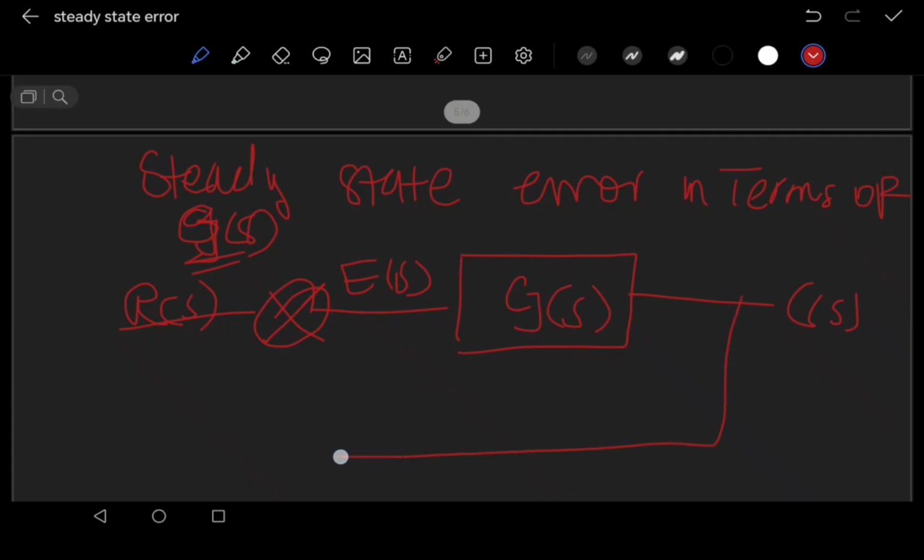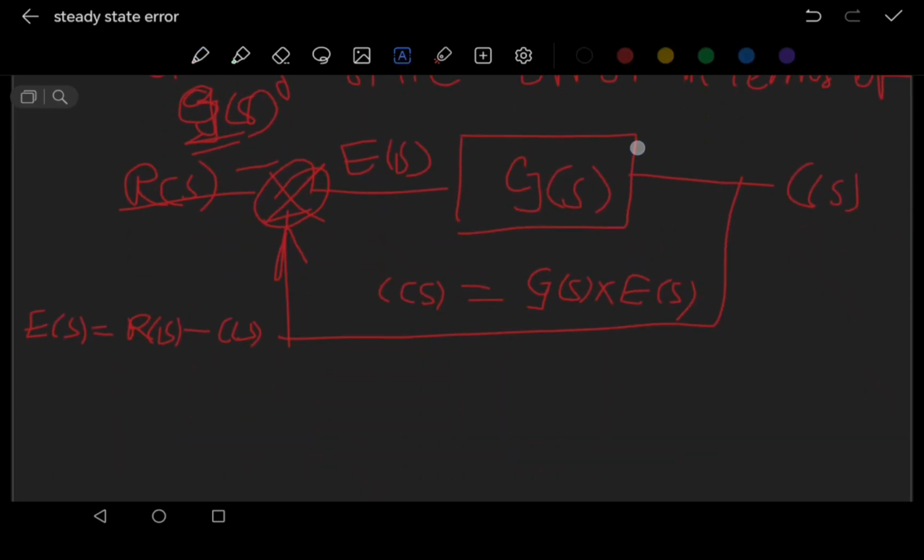So there is feedback here, so it can be positive or negative or however way. Now we're always interested in the difference between input and output, so that is going to be our main start: r of s minus c of s, this is the first part. So what is your c of s? Your c of s is equal to g of s multiplied by e of s at this point. That is the difference between in terms of g of s and in terms of t of s. So that is the only difference.